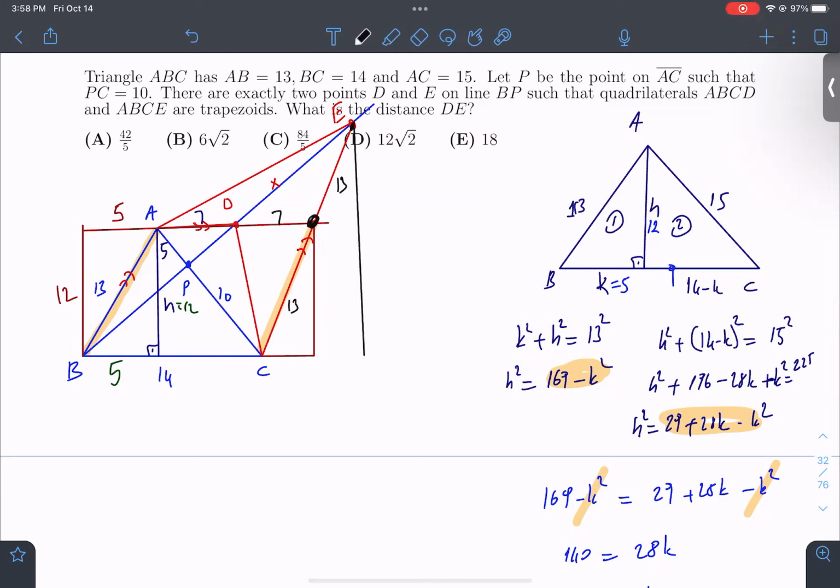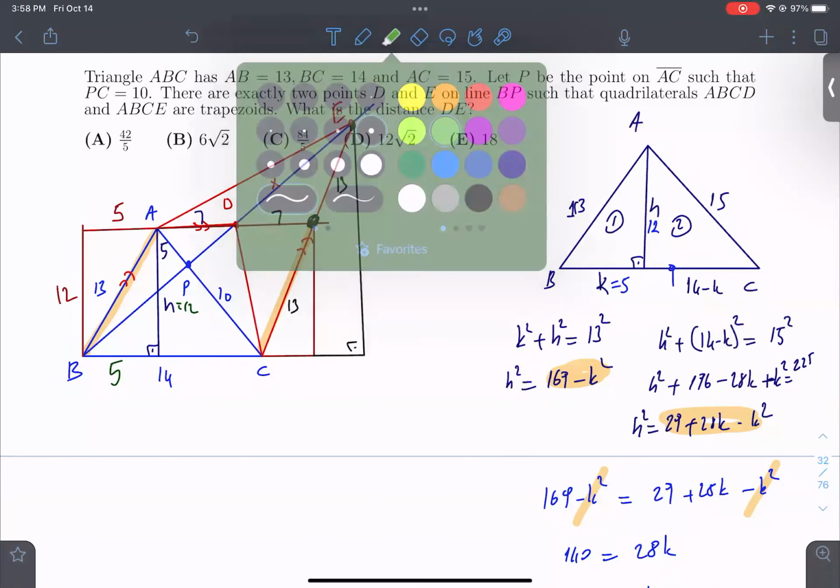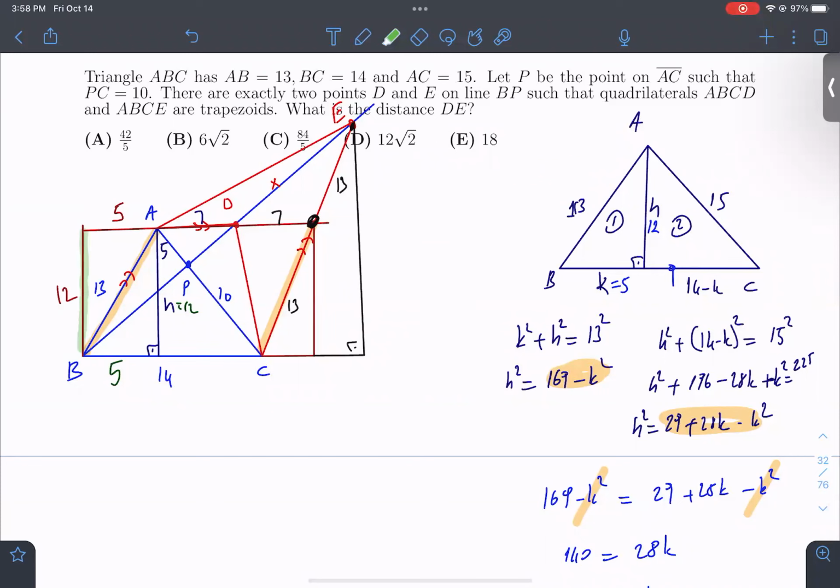We will have another right triangle here, which will be similar. Since this is a rectangle, this is 12, and this one is 12 as well. This is also a 5, 12, 13 triangle. This is a right angle here.